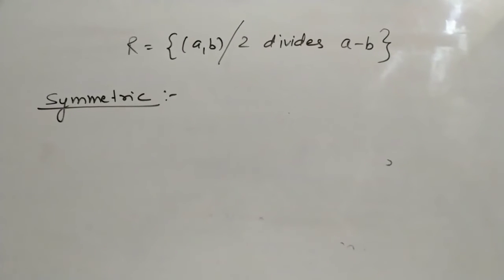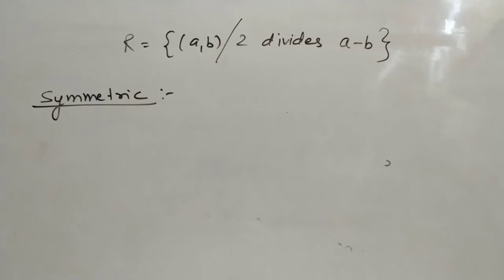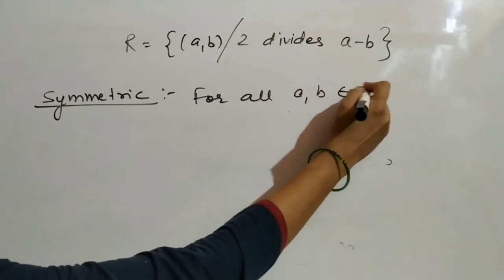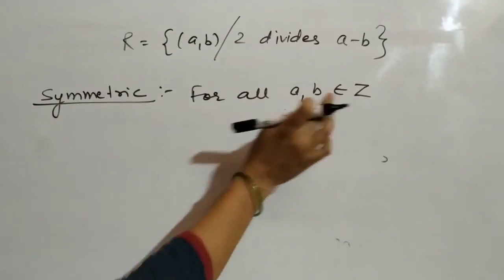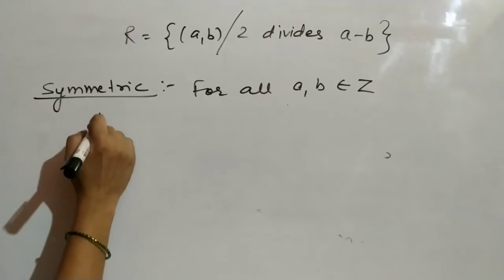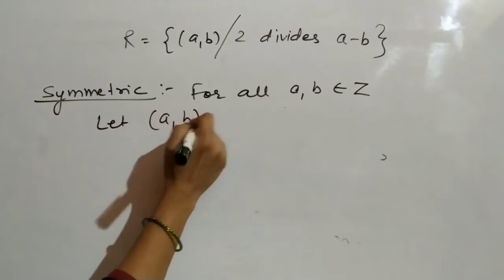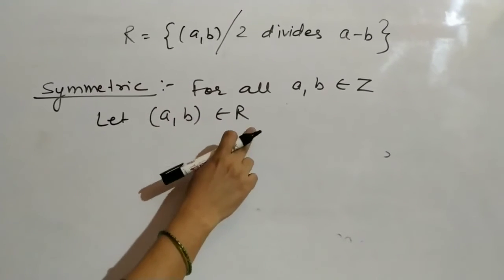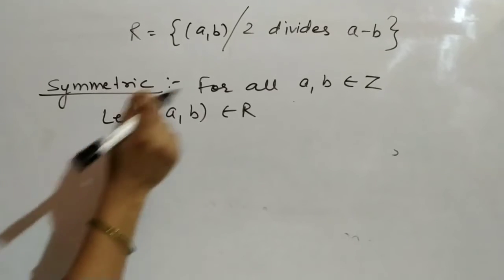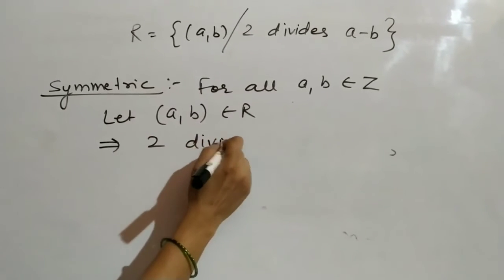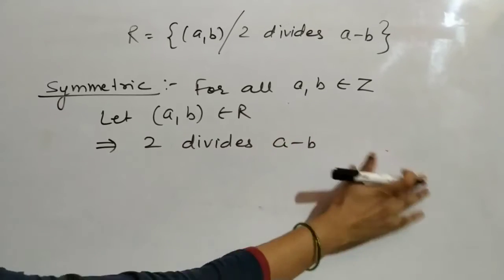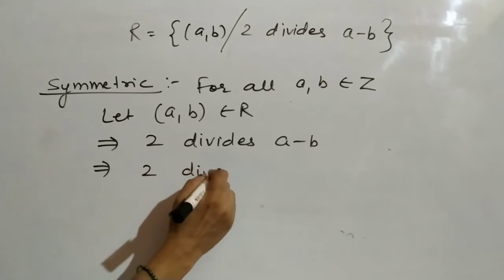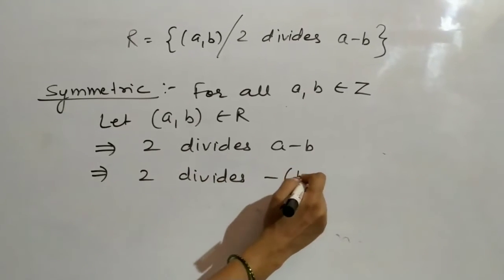Now we will check R is symmetric on Z or not. For all a comma b belongs to Z, let us consider two integers. Let a comma b belongs to R. If a comma b belongs to R, it means 2 divides a minus b. It also implies 2 divides minus of b minus a.